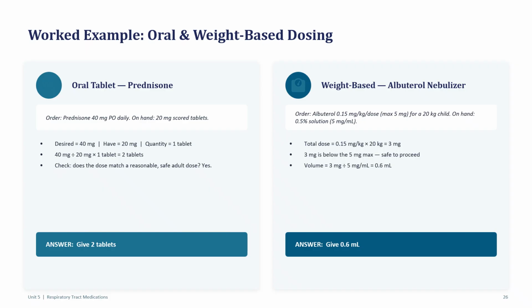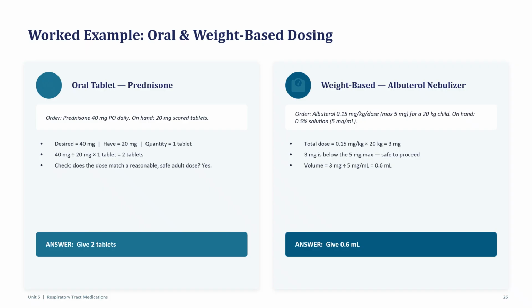So the second example is weight-based. Albuterol nebulizer solution is ordered at 0.15 milligrams per kilogram per dose with a 5 milligram maximum for a 20 kilogram child.